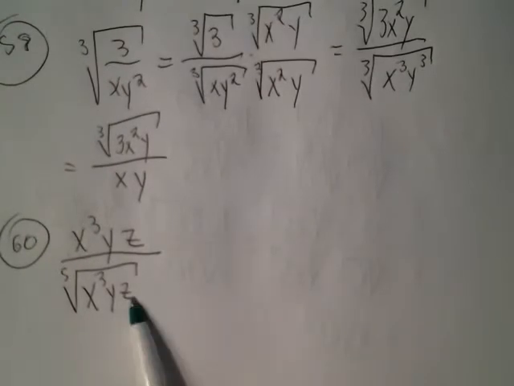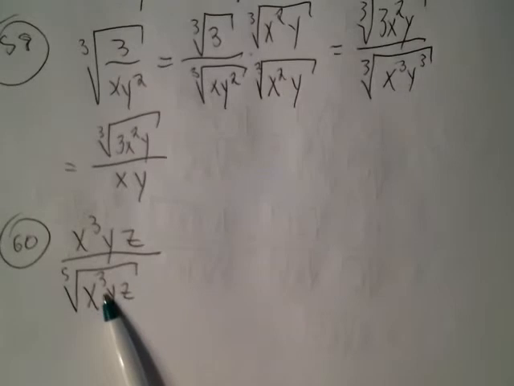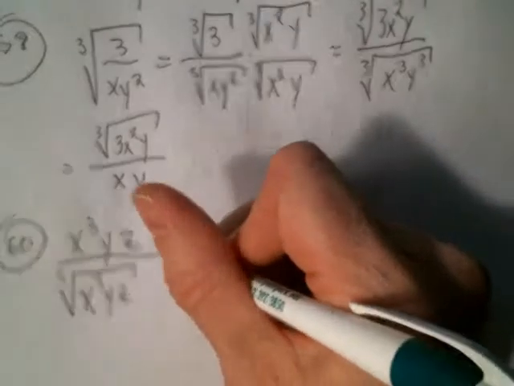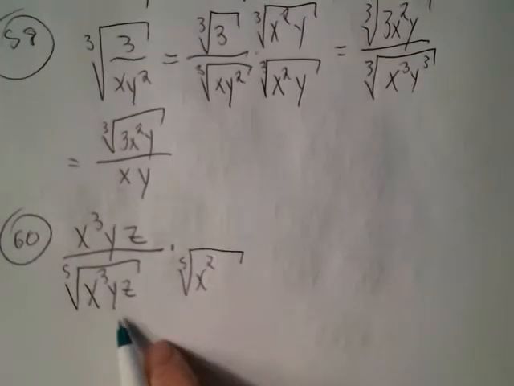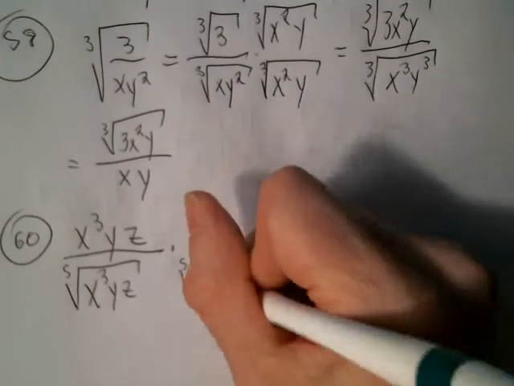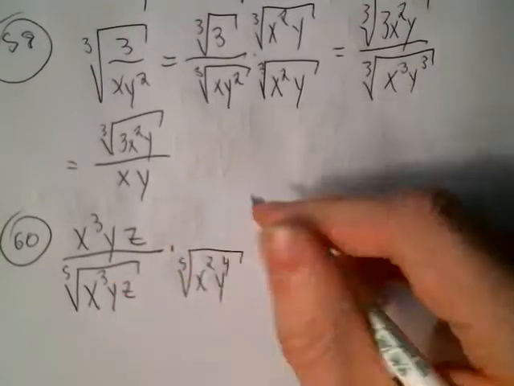So this time I need to multiply in by variables to kind of complete the fifth power or something, I guess. So here you need to multiply in by an x squared. And then for the y, you need a y to the fourth. And then we'll also need a z to the fourth.